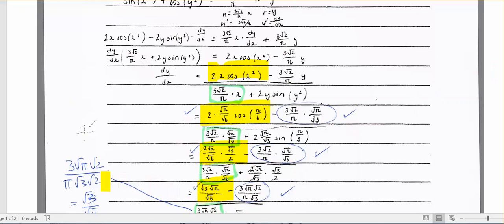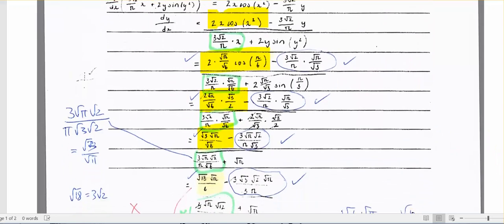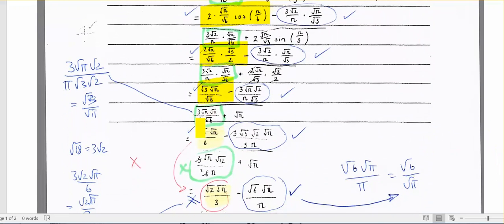Now, if I come over to here, I would have instead at this line gone root 3, root pi, root 6 is root 2 times root 3, they cancel.